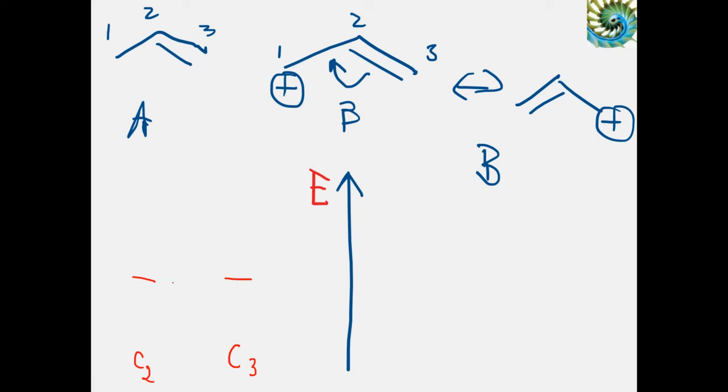The pi bond is formed between 2 pz orbitals from both carbons, and we have 1 electron on each 2pz orbital. You form a pi bond with 2 electrons, and of course there is a pi anti-bonding orbital with no electrons.